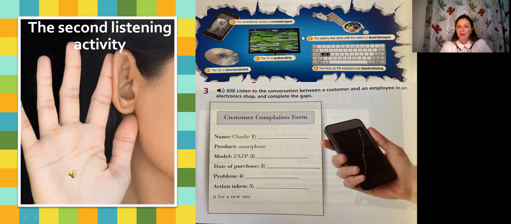These could all be the problems or anything from the previous page of my presentation. An action taken is, again, it for a new one. Probably exchange. And now you can relax and feel confident that you will get all the answers correct. So let's listen to this conversation.